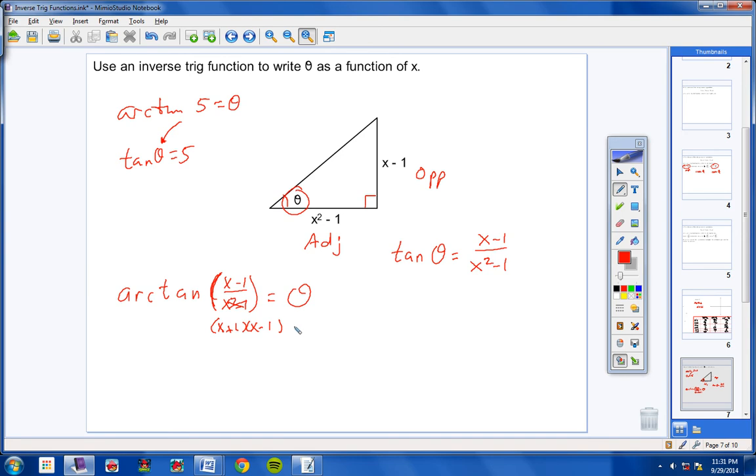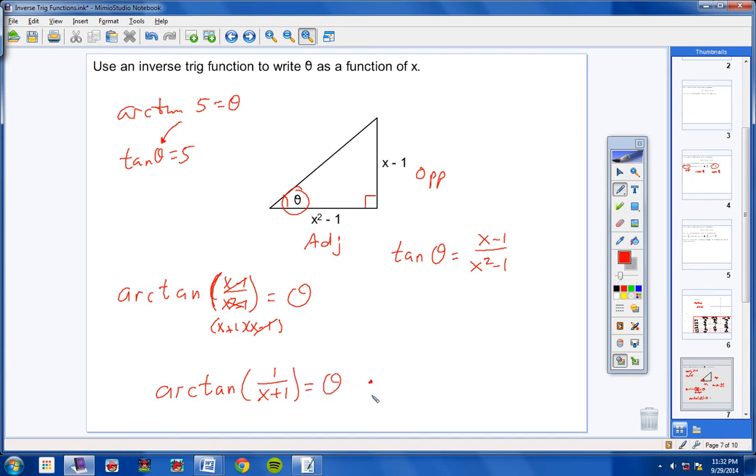When factoring comes up like this in a regular problem, we're just going to go through it quickly and move on. So the numerator is x minus 1. The denominator is x plus 1, x minus 1. Well, this will cancel with this, leaving you with arctangent of 1 over x plus 1 equals theta.